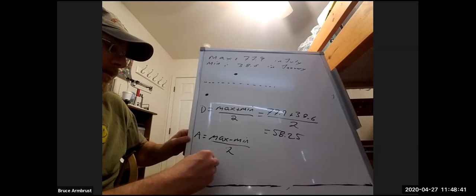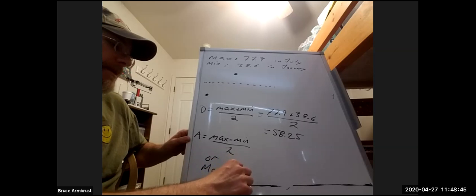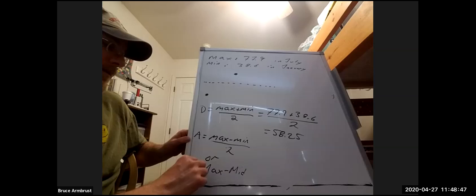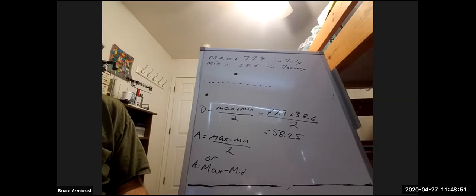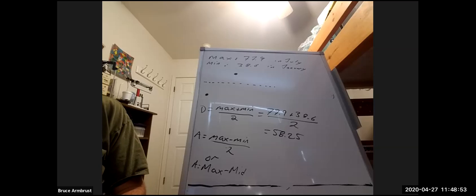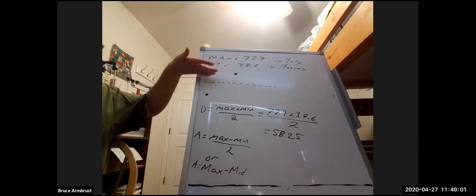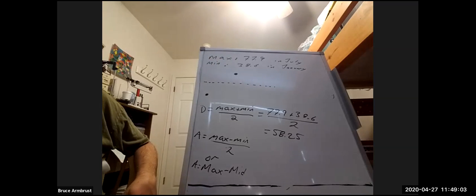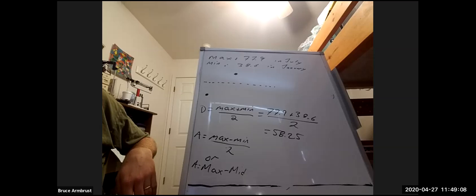Or you can take the max minus the midline. That will work as well. And that's what a couple of you guys have put up there. Like Diego just put difference between top and mid, and Kai also put subtract max from the midline. So if we look at the difference between the maximum and the midline, that would give us our amplitude as well. So these are two different ways you can do it.